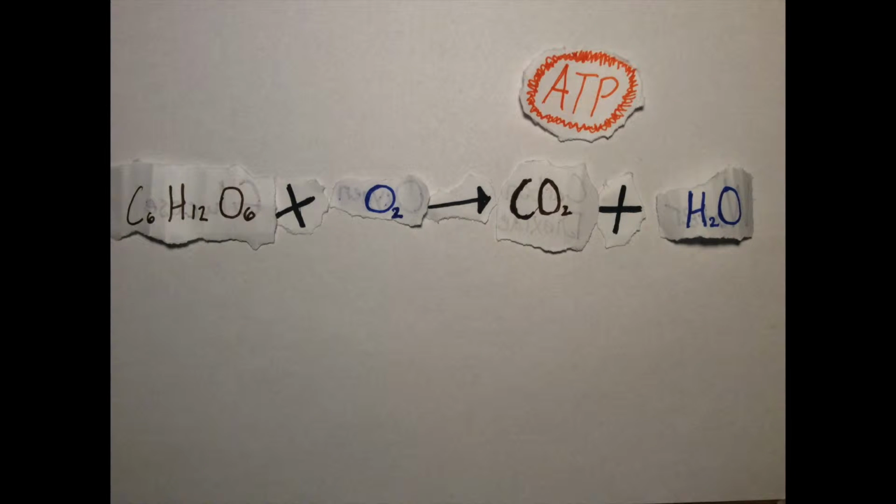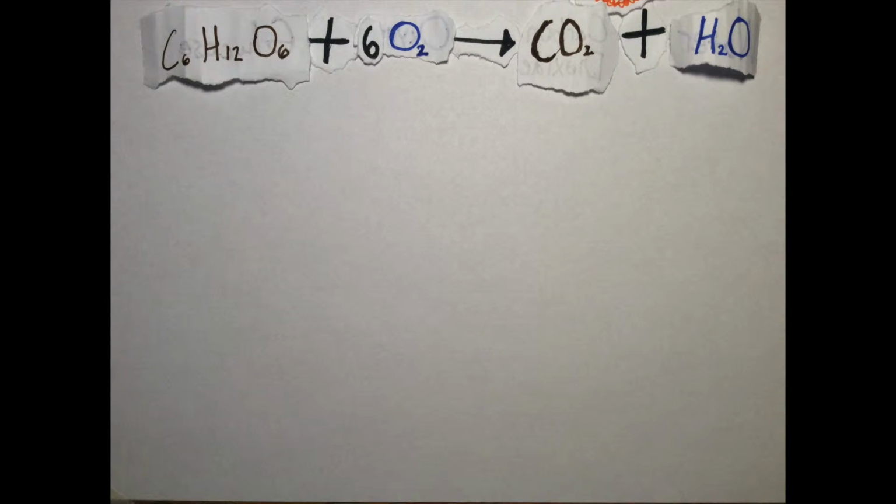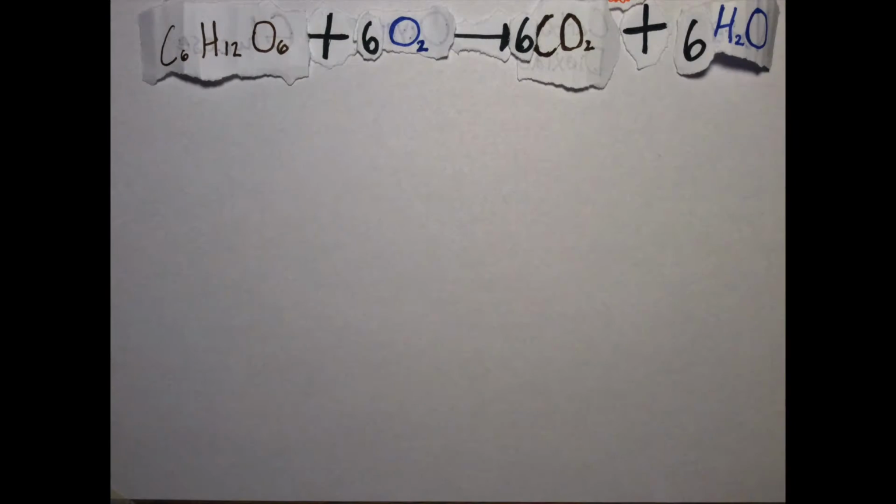Now you may notice, those of you that are really smart may have noticed, that these aren't equal to each other. There are a lot more oxygen atoms, for instance, on the left side than there are on the right side. So we have to add further notation. We add a 6 in front of the O2, a 6 in front of the CO2, and a 6 in front of the H2O.